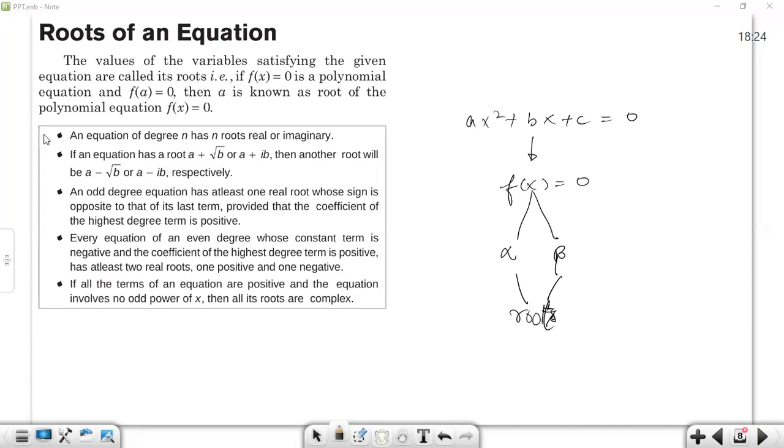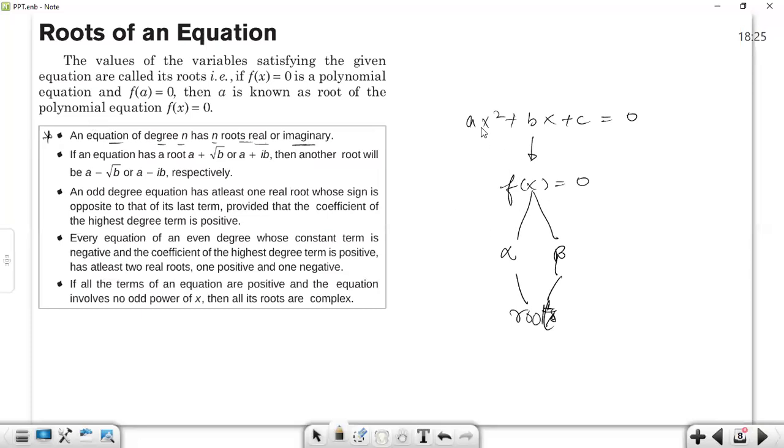There's one more point. An equation of degree n has n roots, real or imaginary. The highest power on the variable is known as the degree, and any equation having degree n will have n roots, n solutions.